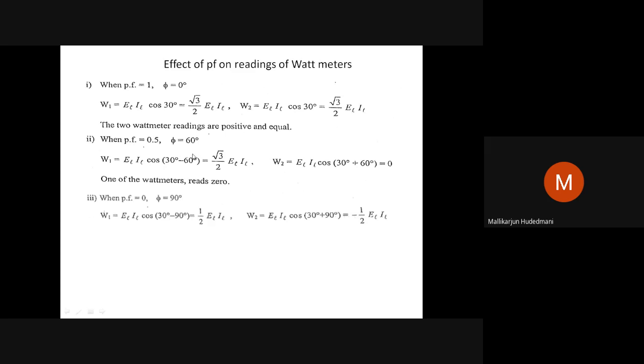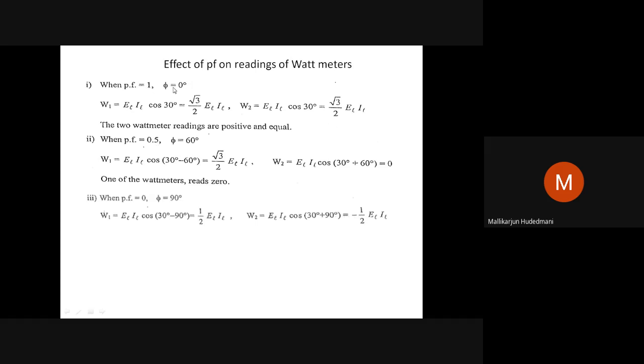Another case: if the power factor is 0.866, nothing but phase angle of 30 degrees, you can calculate cos of 30 minus 30, cos of 30 plus 30. You can calculate one more equation here, which I have not shown here.